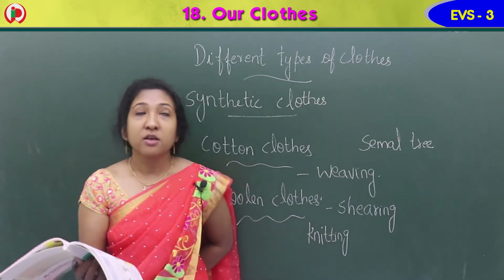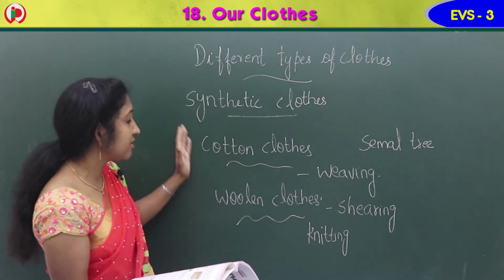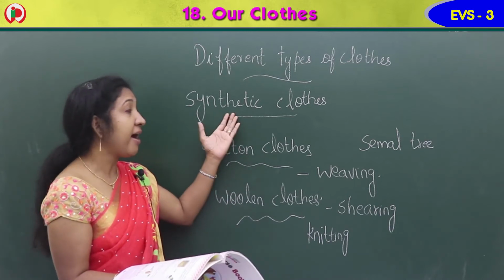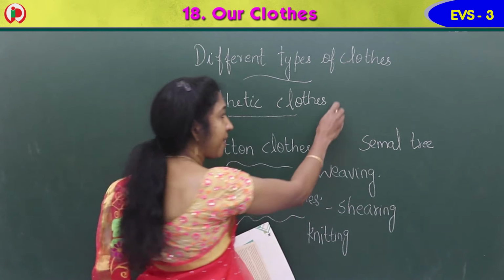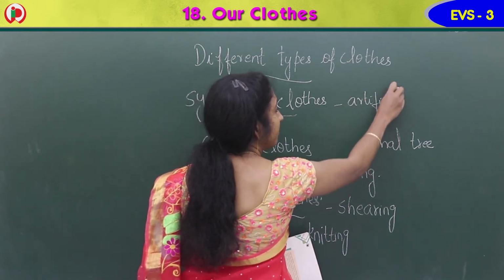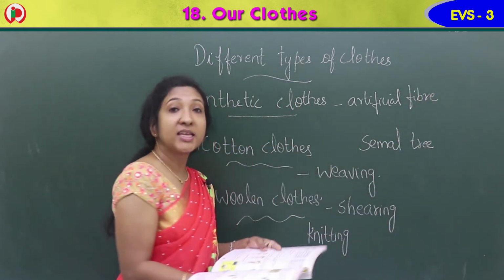So you learned about cotton clothes and synthetic clothes. You learned about woolen clothes as well, isn't it? Synthetic clothes are clothes made from artificial fiber, or we can say man-made fiber, or synthetic fiber.